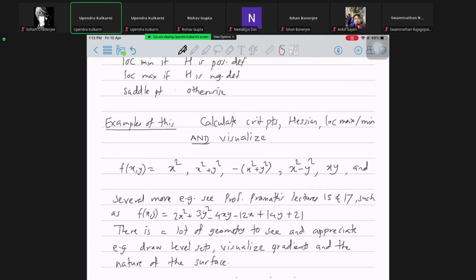In fact, what is the Hessian along the diagonals? That means I have to take the partial with respect to x and then again partial with respect to x. What do I get? For xy, it's 0. Right. And likewise, partial with respect to y done twice, that is also 0.